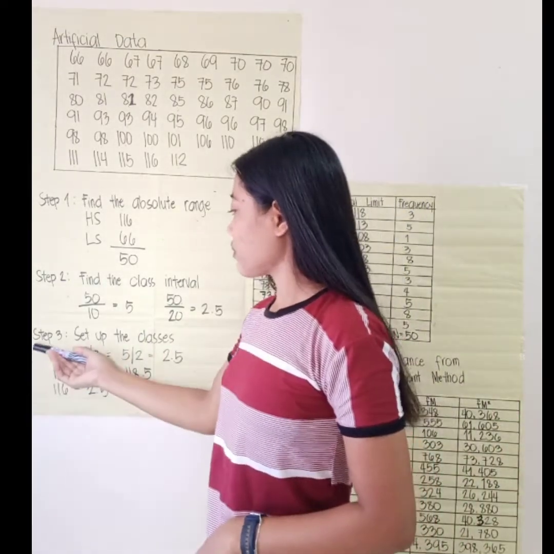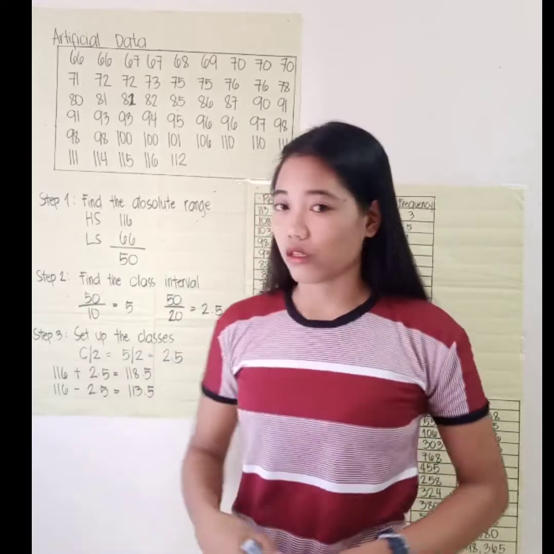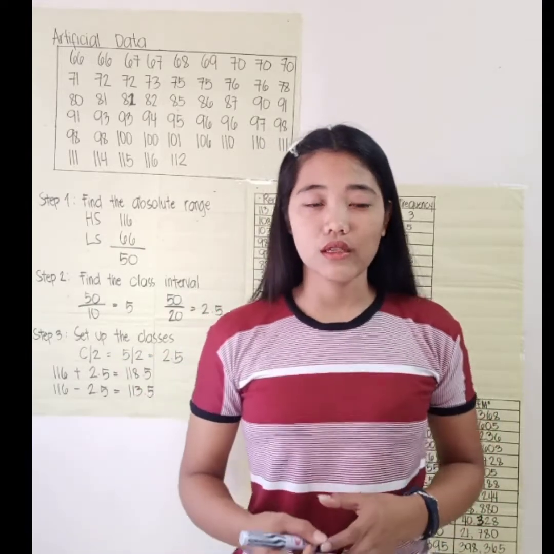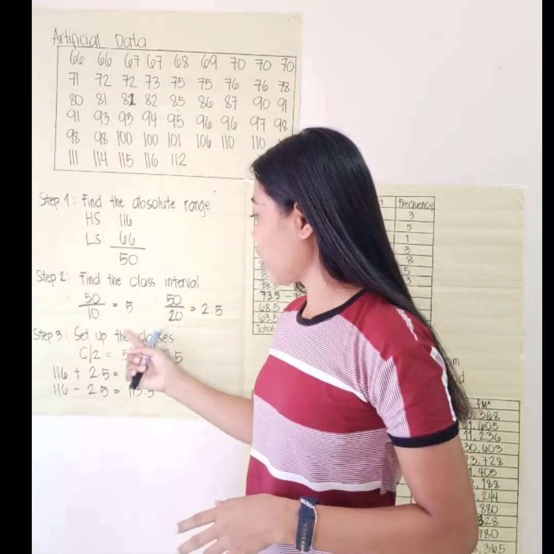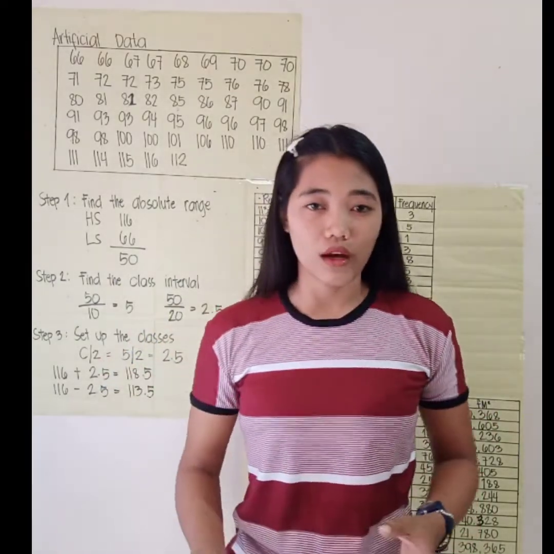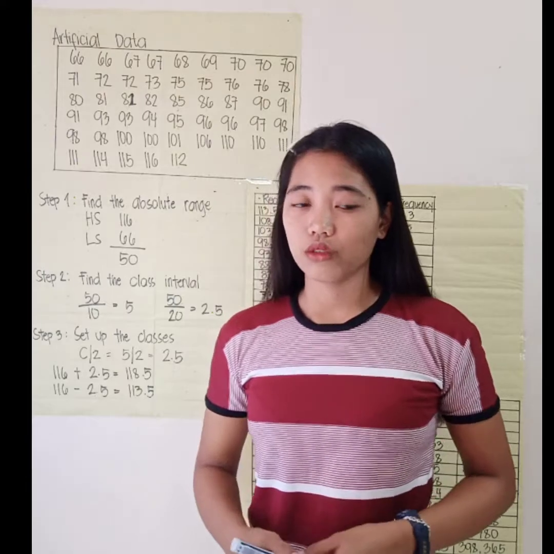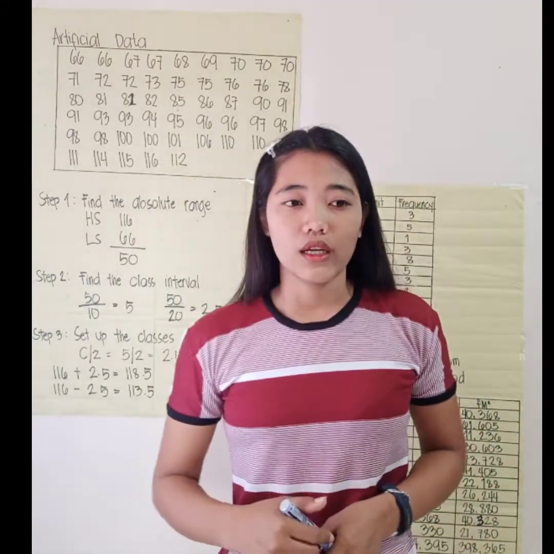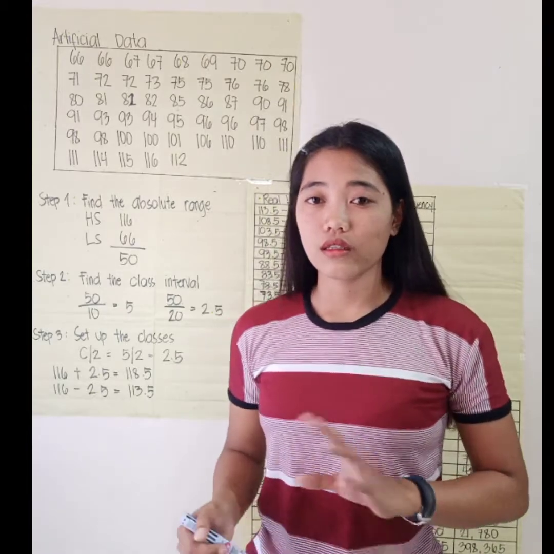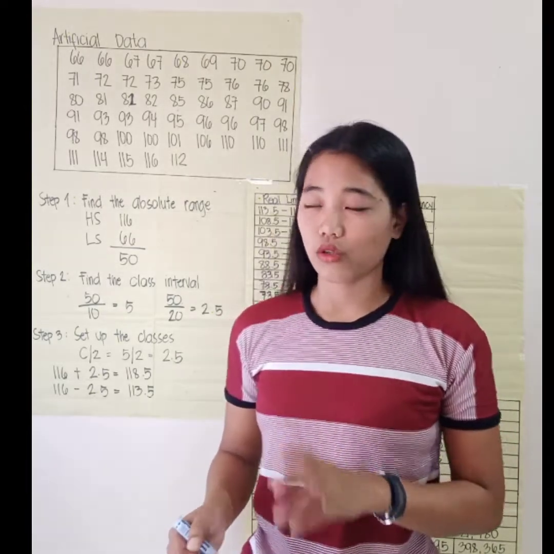Step 3 is to set up the classes. In setting up classes, simply add one-half of the class interval to the highest score, which is 116, and subtract one-half of the class interval from the highest score.